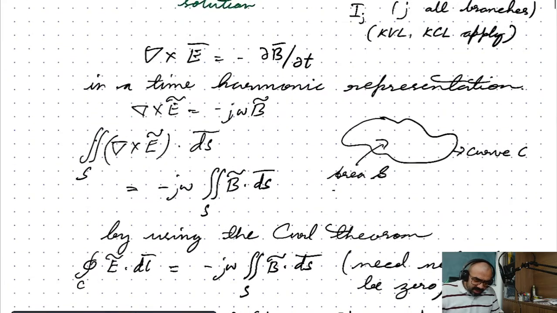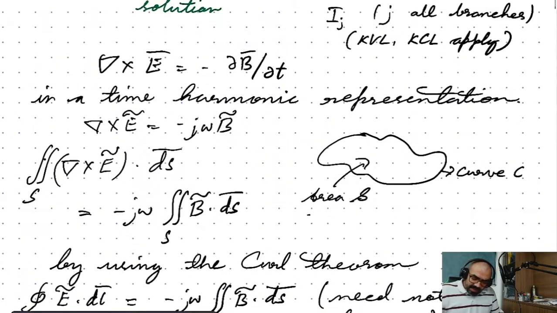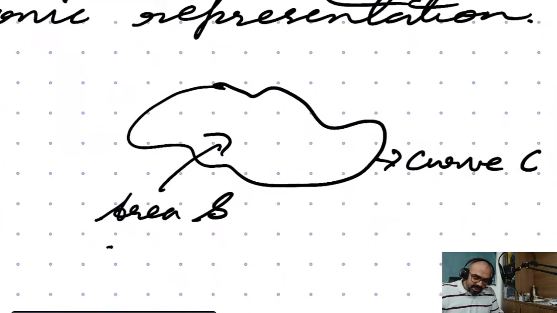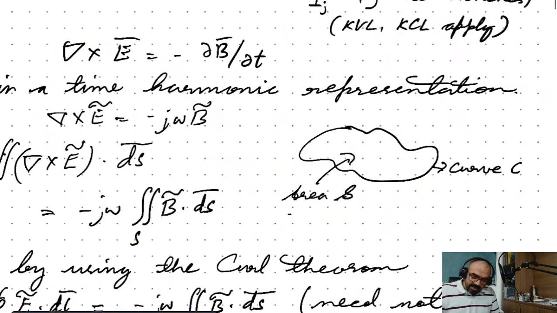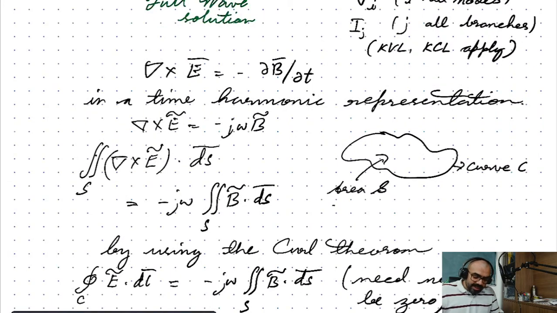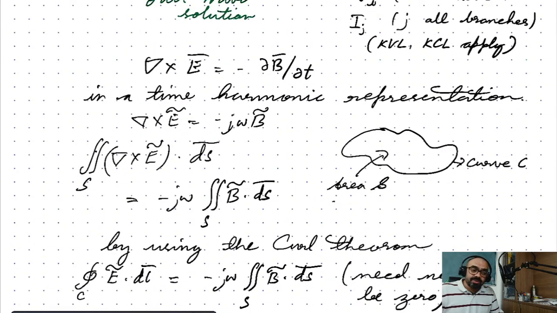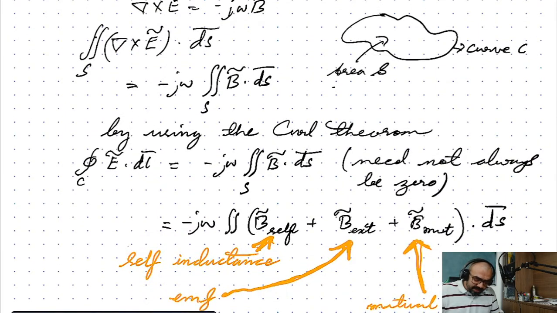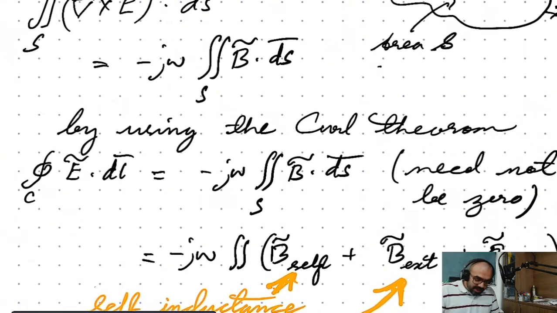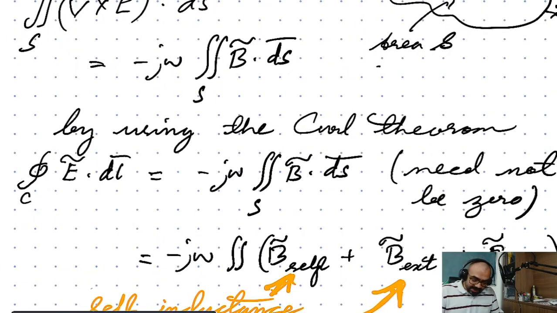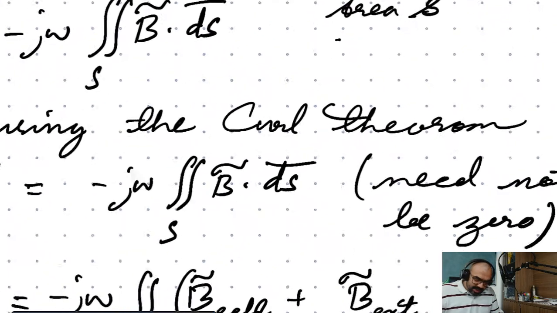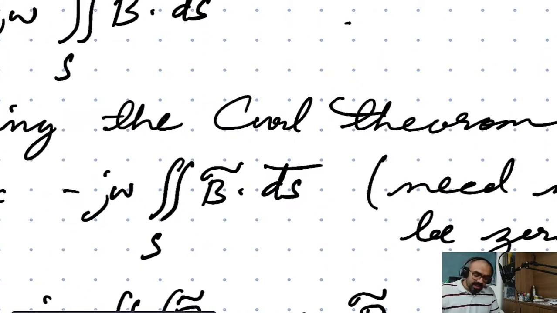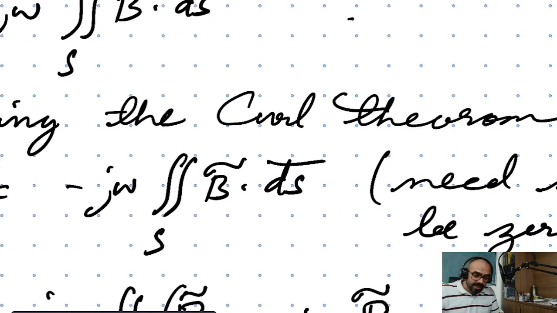So quickly, we take a loop as shown here of area S bounded by a closed curve C, and you must be already familiar with this. When we apply the Maxwell-Faraday equation to that, we end up with the statement that the sum of potential drops around the loop, the left hand side in this equation, is actually equal to the surface integral of the magnetic flux that is going across that particular enclosed surface.